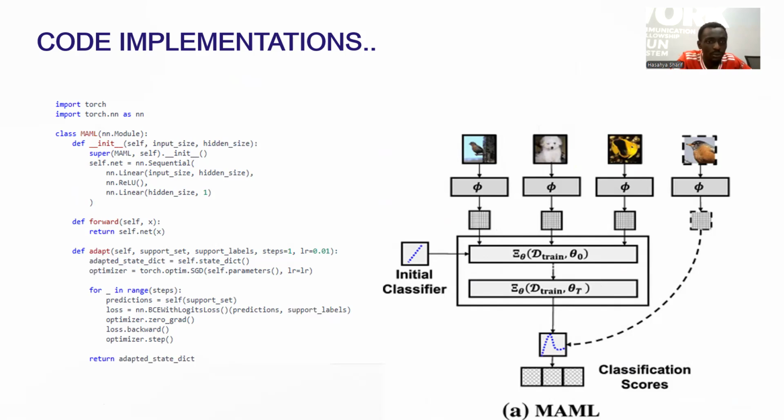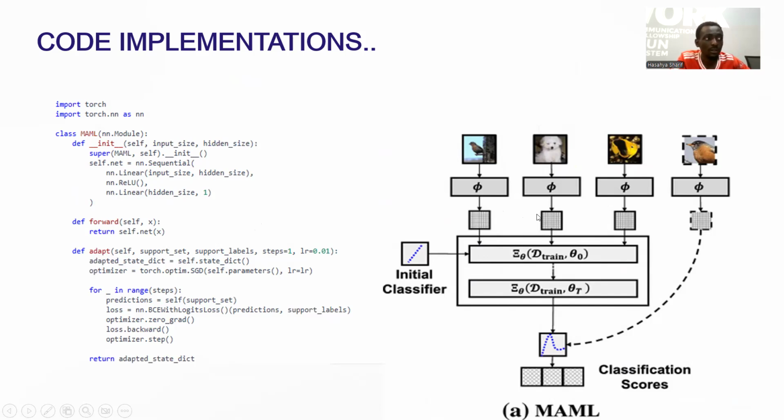So how does it work? We initialize our network here. First, self.net is a sequential network with a linear layer of input size and hidden size, then the hidden size and then an output of 1. Then we perform the gradient steps on our support set. So these are the gradient steps from here. The support set is here. We perform the gradient steps, and then we return the adapted model state, which is this.